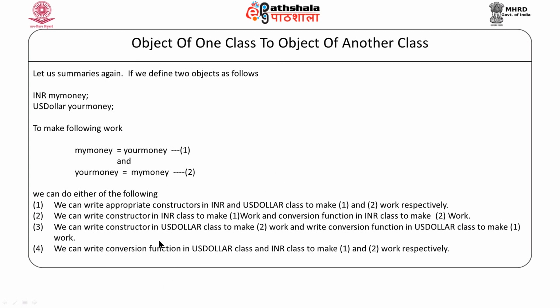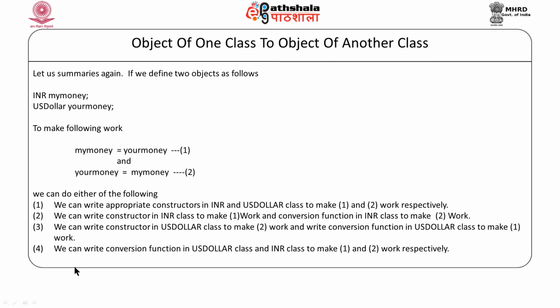The third option that we have is that we can write constructor in US dollar class to achieve the second, because here the object of US dollar class is the destination. Therefore, we can write a constructor in US dollar to make this statement work and we can write a conversion function in US dollar class to make this work. So, here by modifying only US dollar class, we will be able to make both the assignments work.